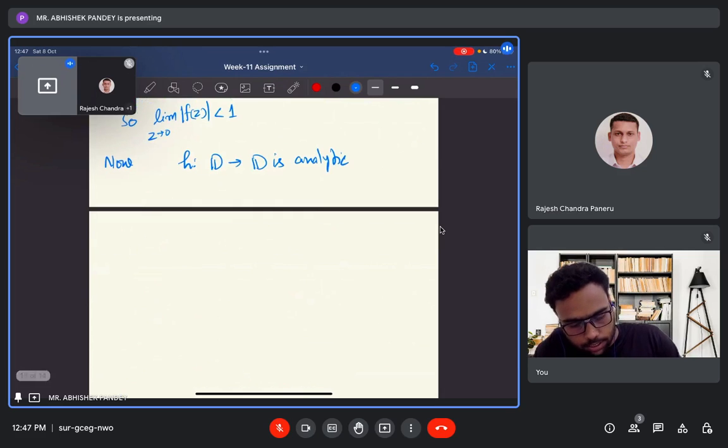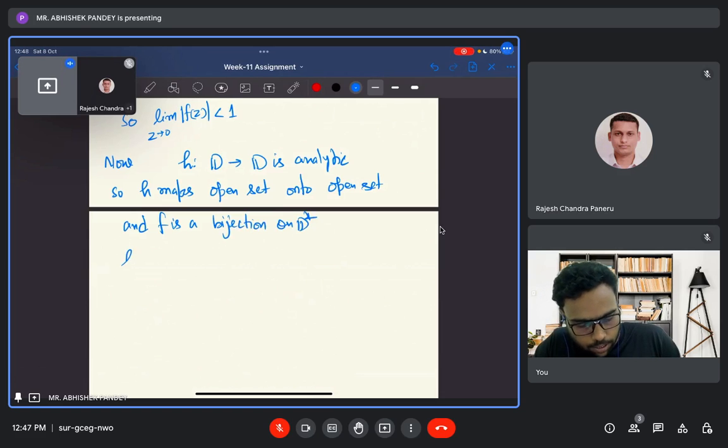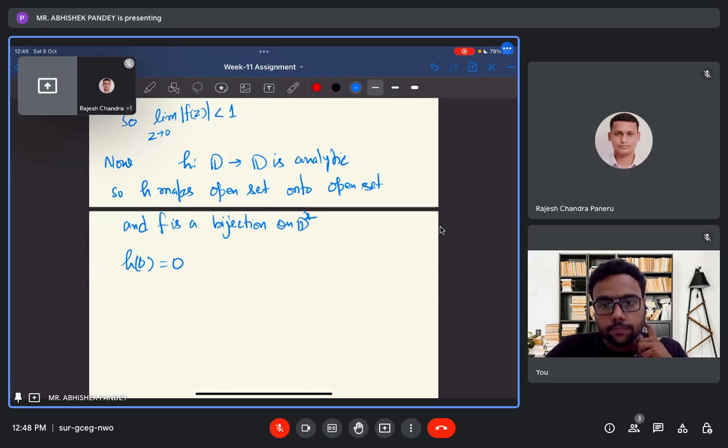So basically, since h maps open set onto open set, and f is a bijection on D star, this gives that h(0) has to be 0.